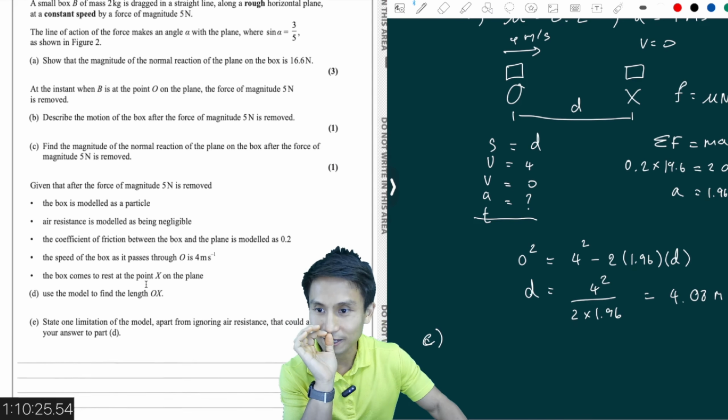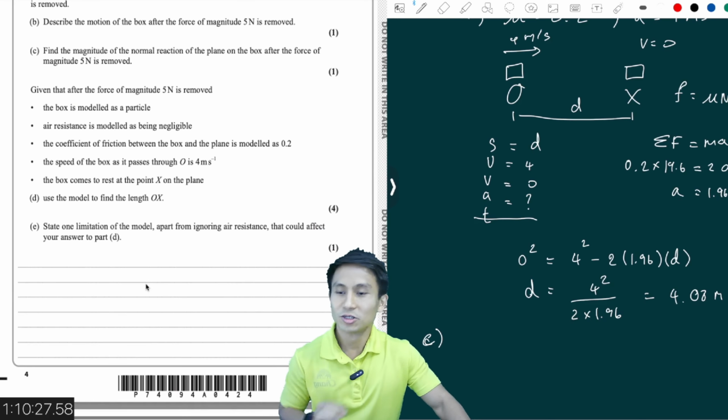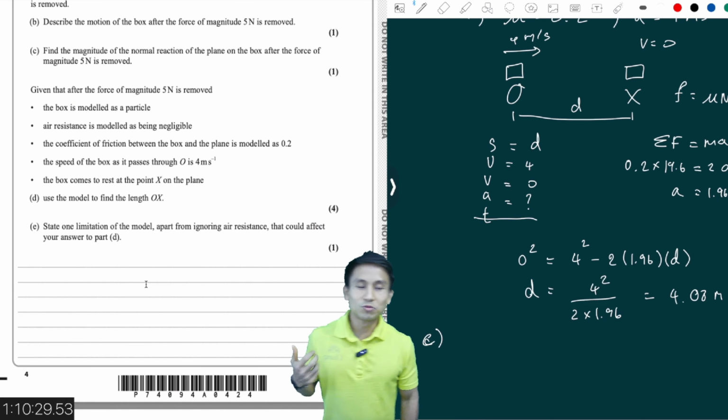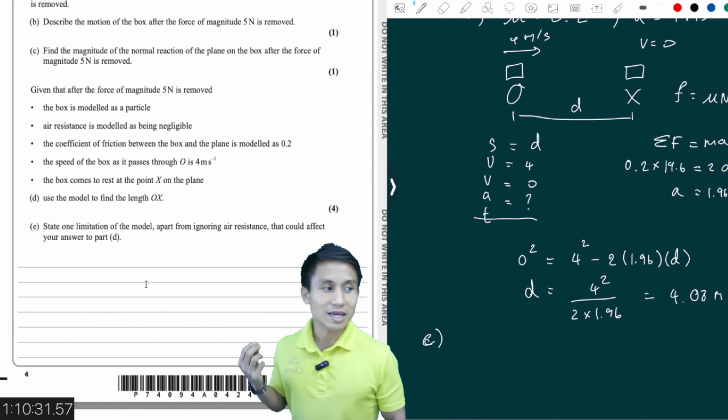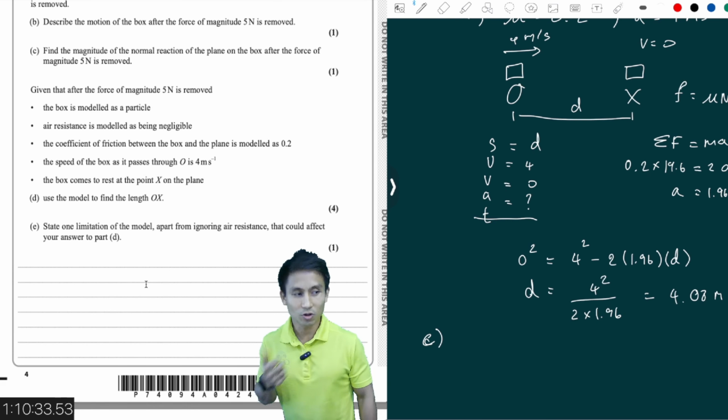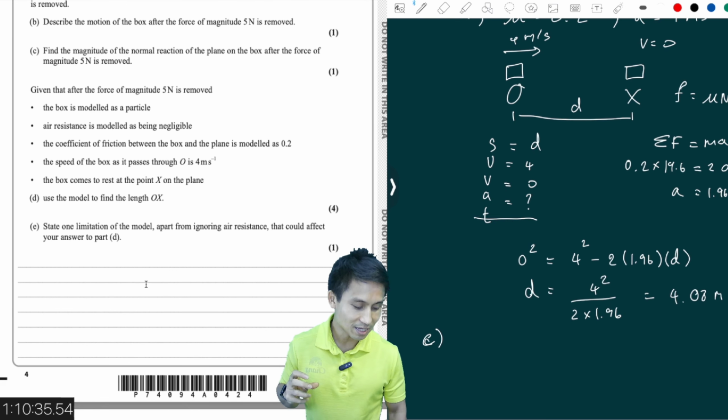Yeah, okay. So what's wrong with that? Because when you assume something as a particle, you don't account for the volume or the dimensional dynamics, like the dynamics of a rigid body there.